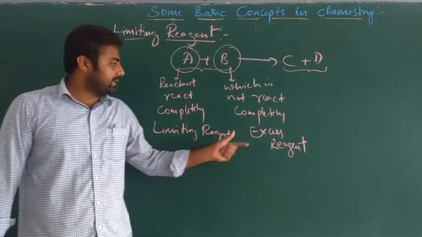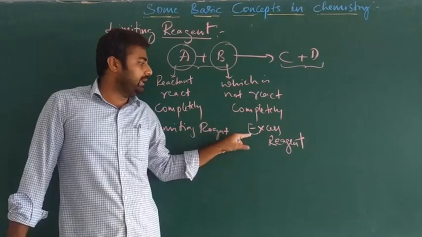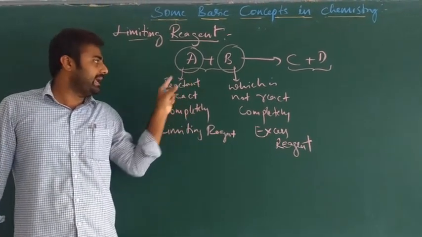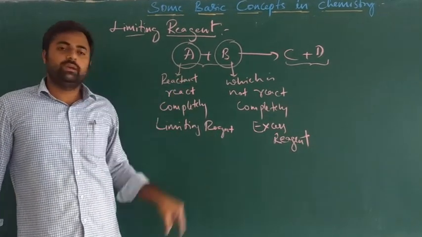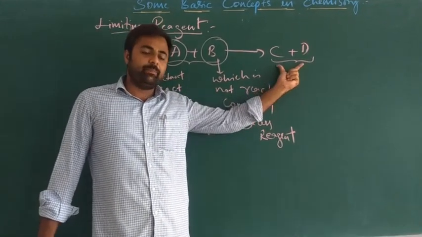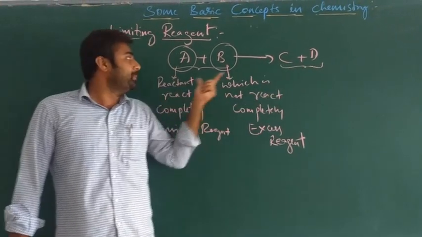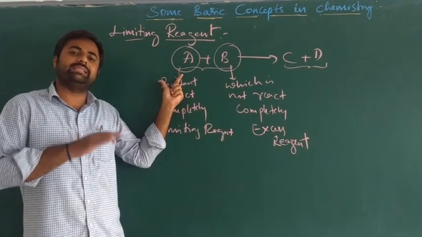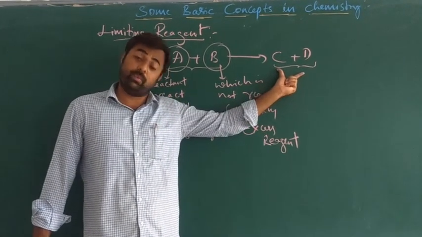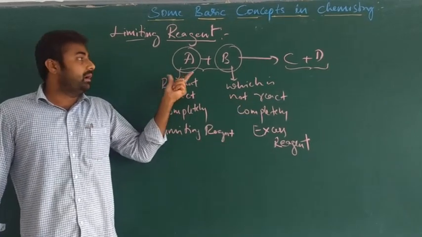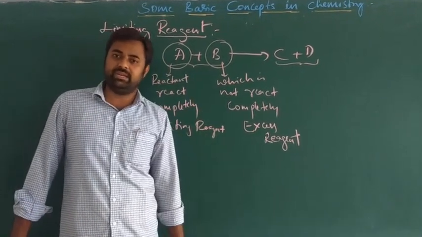Excess reagent means what? The reactant which does not react completely. The products and their masses depend completely on the reactant which has reacted completely, that means the limiting reagent, not on the excess reagent.